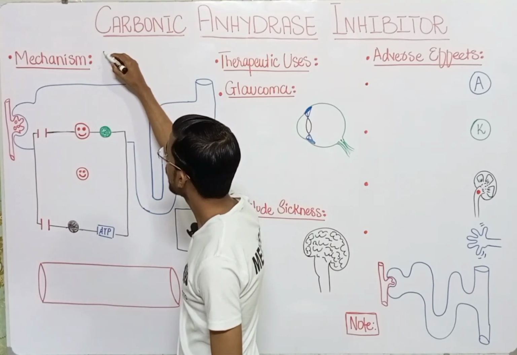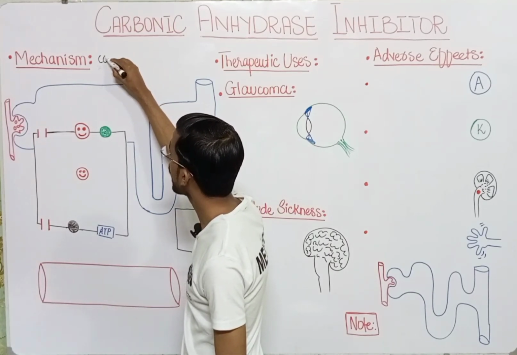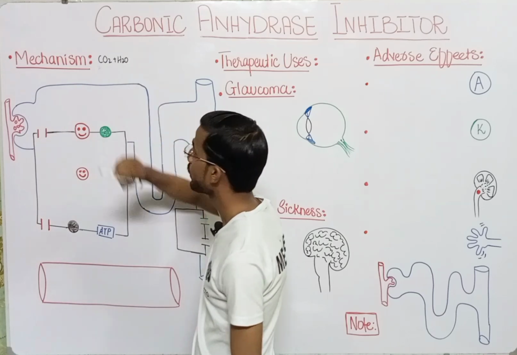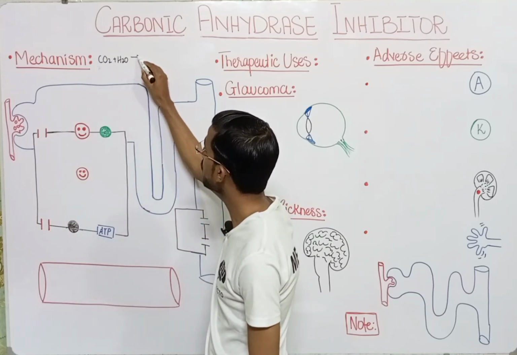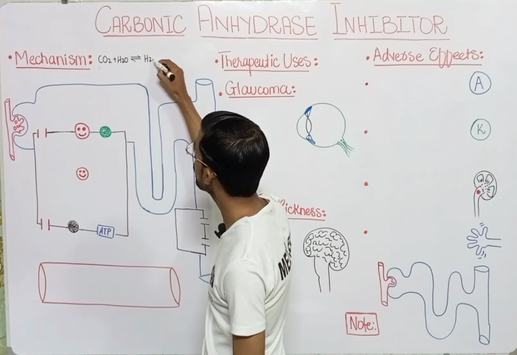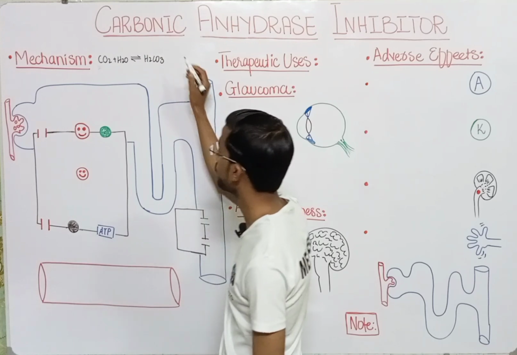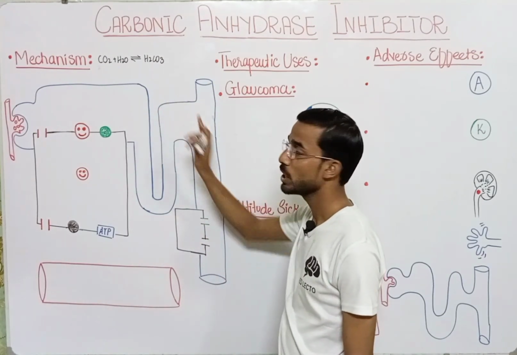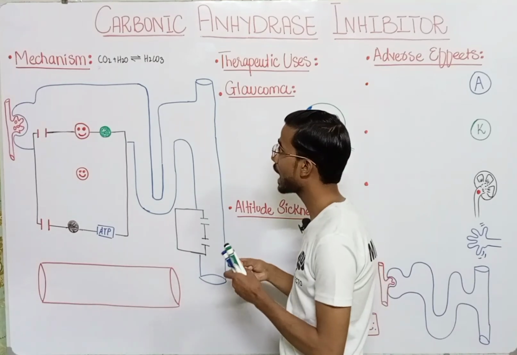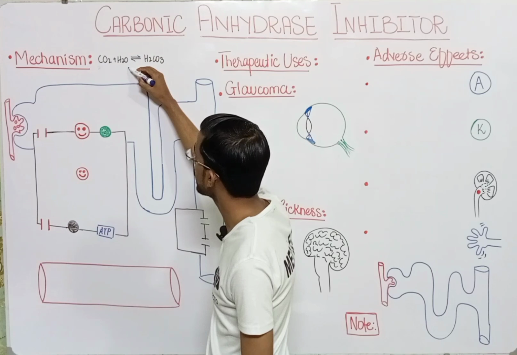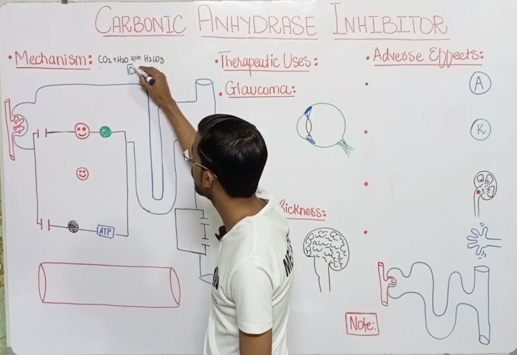Carbon dioxide and water combine and result in the formation of carbonic acid, H2CO3. This is a reversible process, and it happens in the presence of the enzyme carbonic anhydrase.